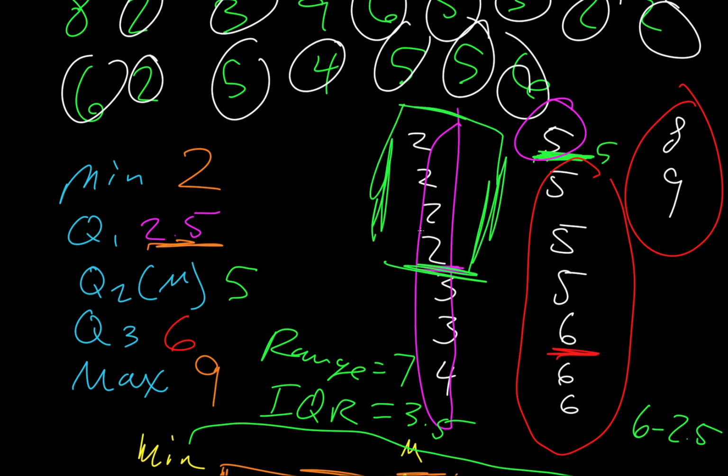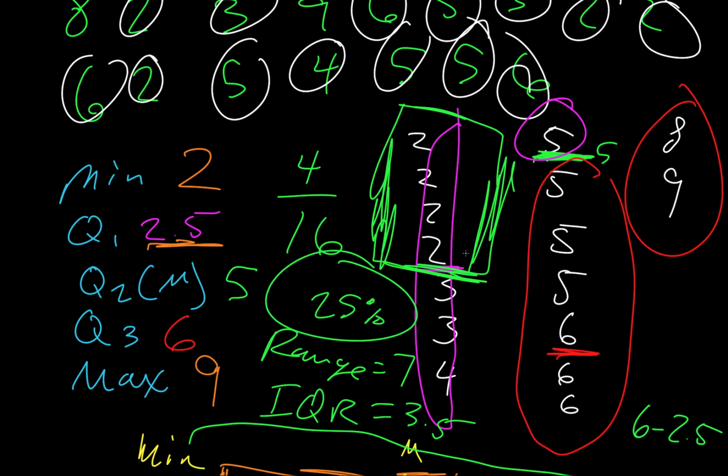If we do that, we get 4 out of the total, which is 16. So 4 out of 16. If we divide those, we get 25%. So 25% of the data is less than 3.